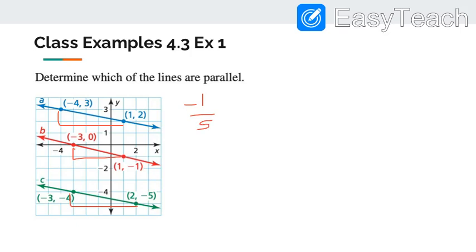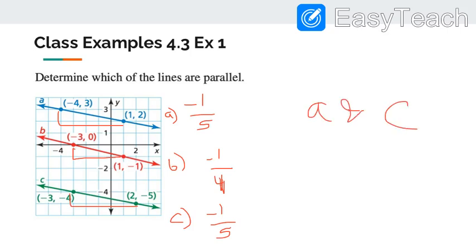This one for B is down 1, so that's the same, but this one goes over 4. And then the last one here goes down 1 over 5 as well. So the 2 lines that are parallel are A and C, as their slopes are the same.